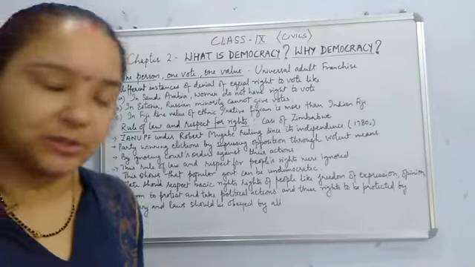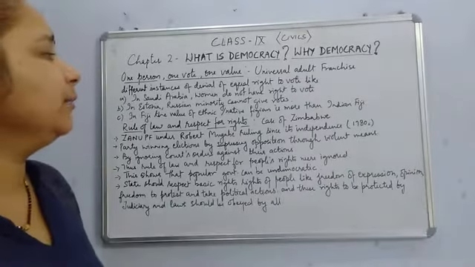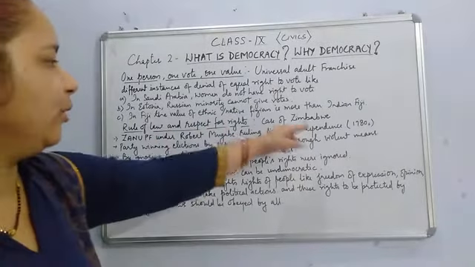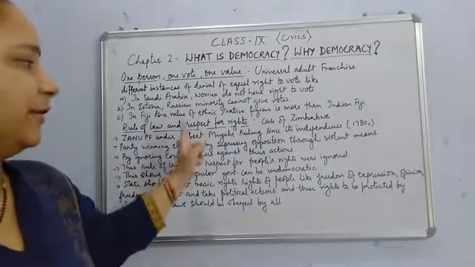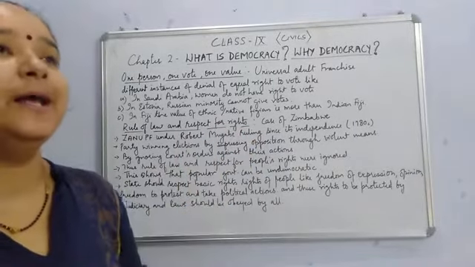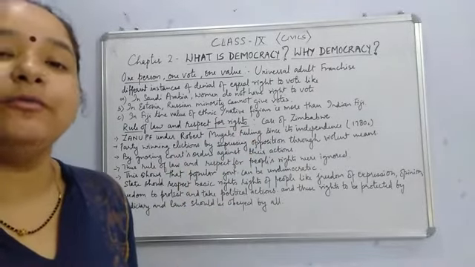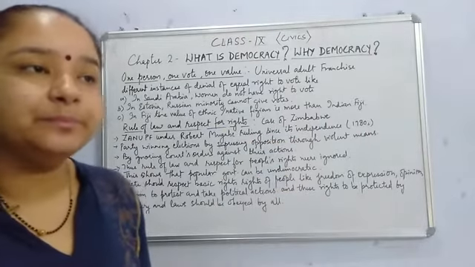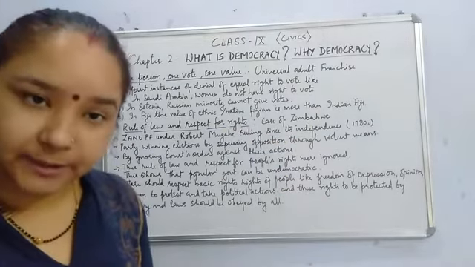Free and fair elections. Now, talking about Zimbabwe, through this case we'll try to understand that the rule of law and respect for rights are essential features of democracy. Zimbabwe became independent in the year 1980, right?